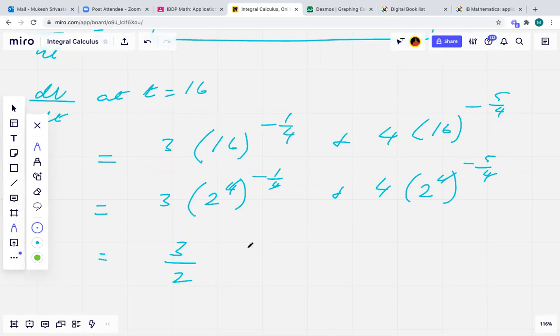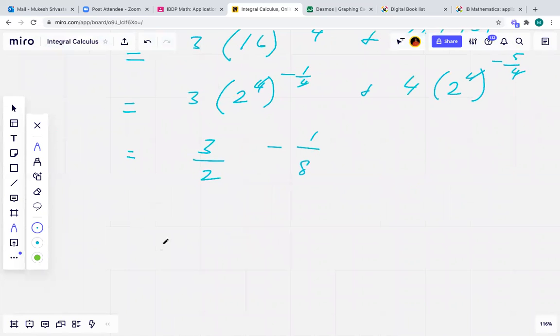Minus 1/8, which is 11 upon 8, right? Yep, 11 upon 8.